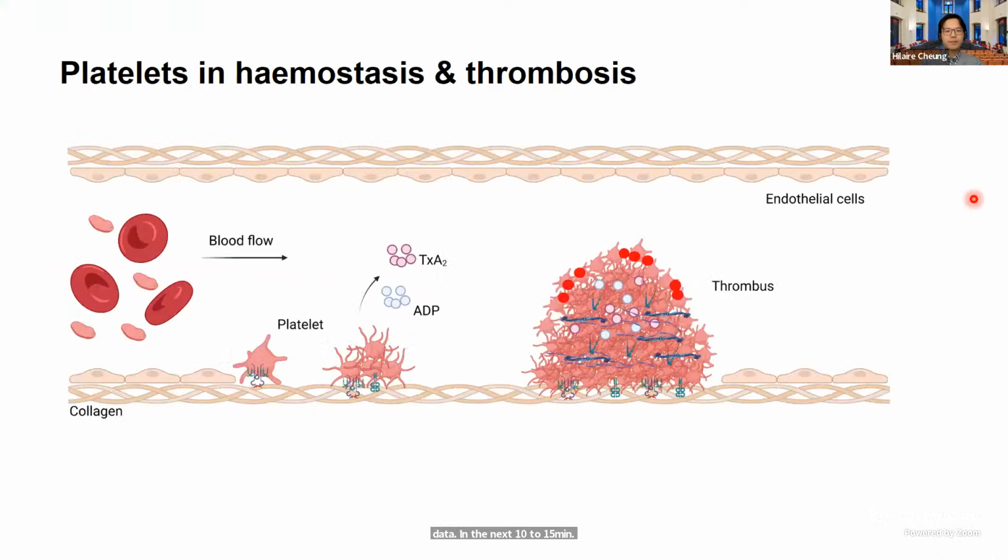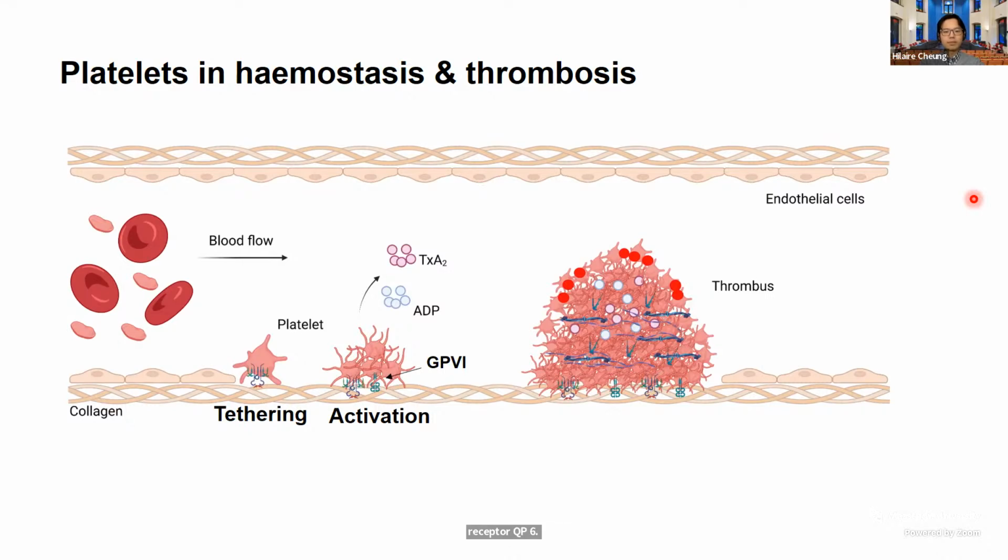First, for introduction, platelets play an important role in hemostasis and thrombosis. Upon encountering damaged vasculature, platelets will first tether to the exposed extracellular matrix and then activate via a variety of receptors. One of them is the platelet collagen and fibrinogen receptor GP6.